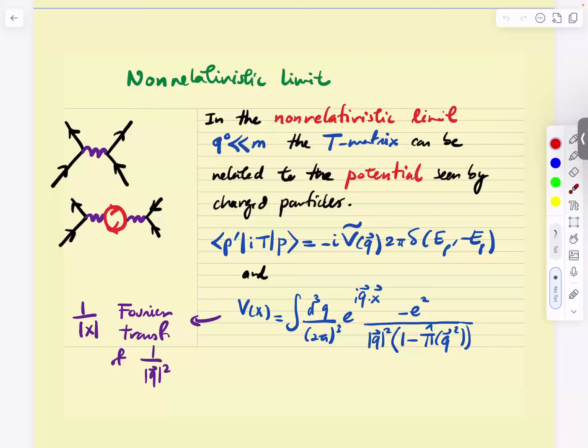Remember that we're talking about charge normalization. This diagram tells you how strongly two electrons interact. What is that in classical physics? It's the potential that we feel, just e squared over 4 pi r. So at very low energies, this is understood as quantum corrections to the Coulomb potential.